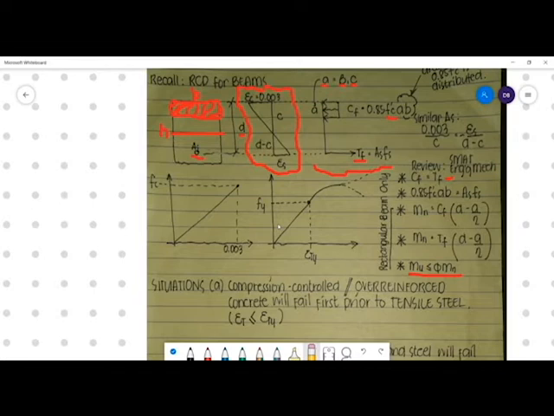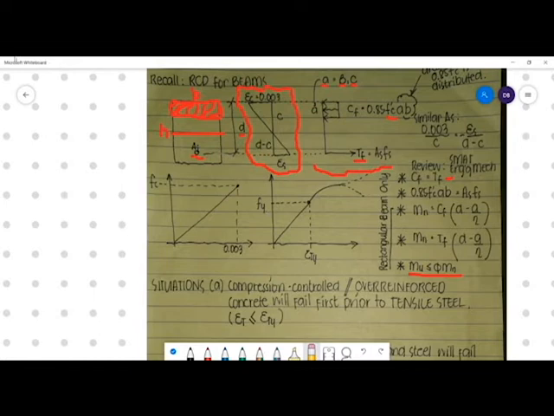Bakit? Kasi pagka naunang nag-fail yung steel natin, of course, magbibigay yon ng warning sa concrete natin, kagaya ng mga cracks, hairline cracks, etc.